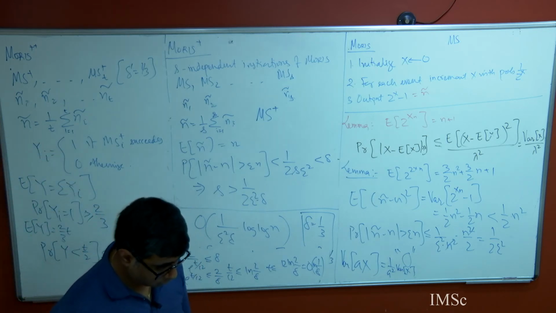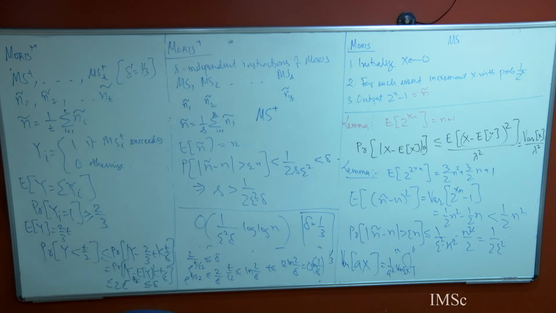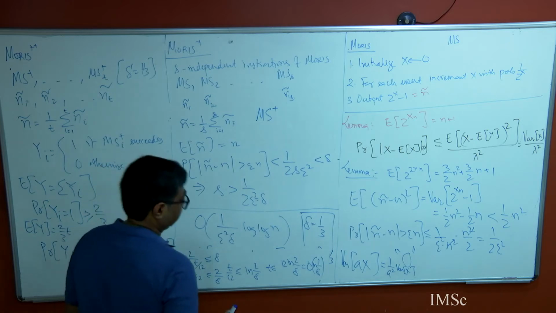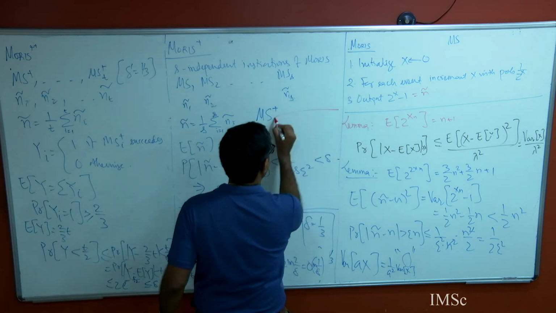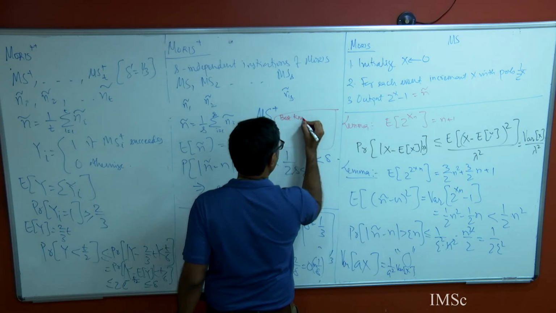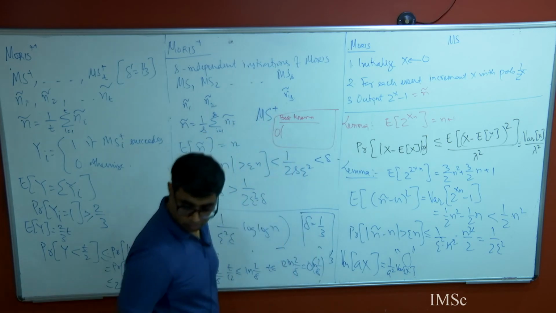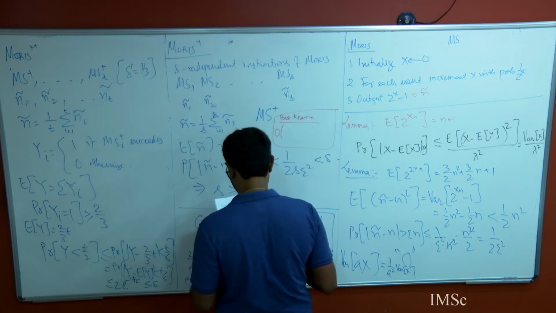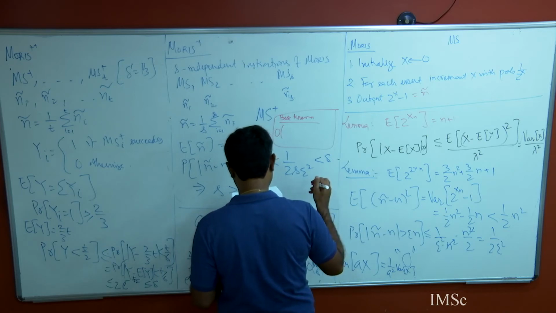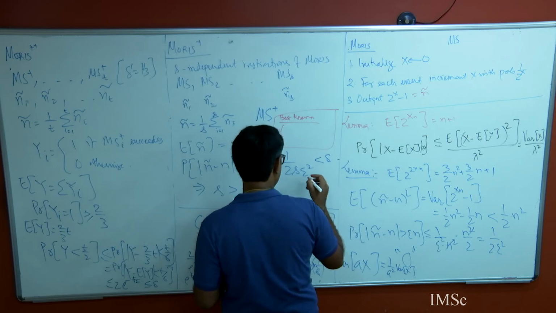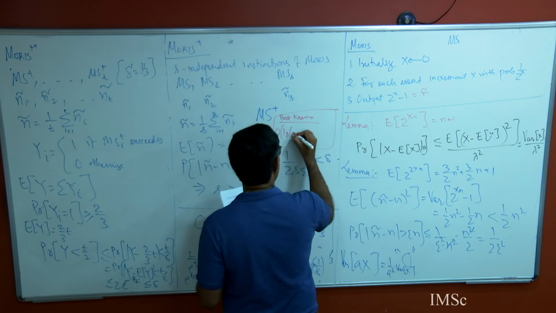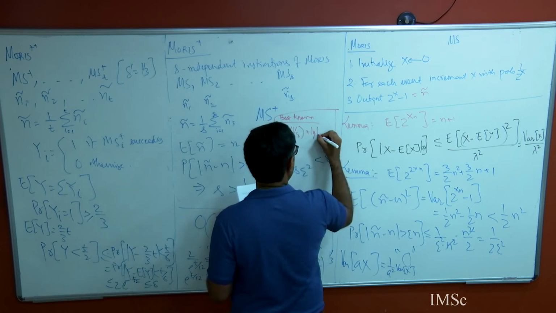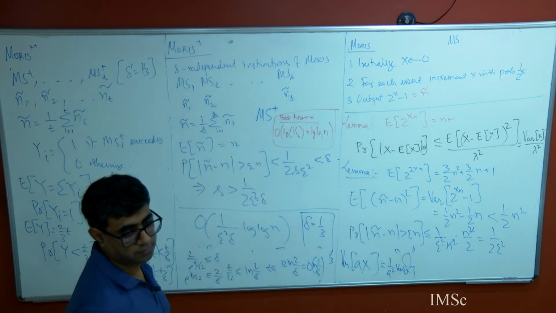And the best known bound, which I'll put in the exercise, is order log 1 over epsilon, log n, and that is also the lower bound.